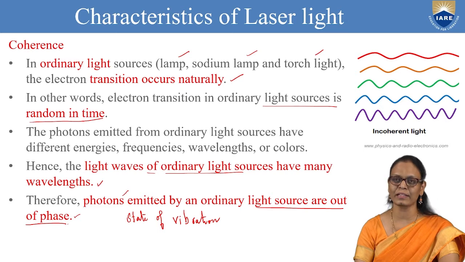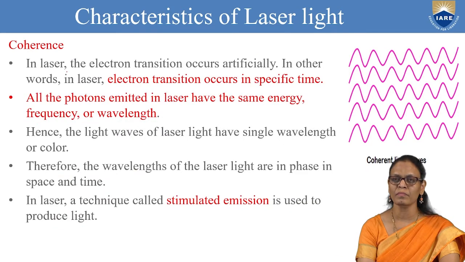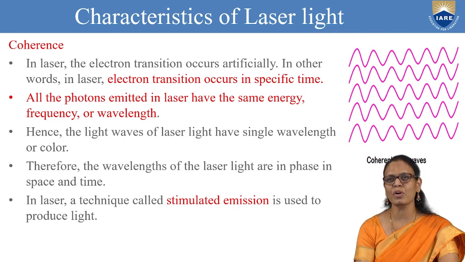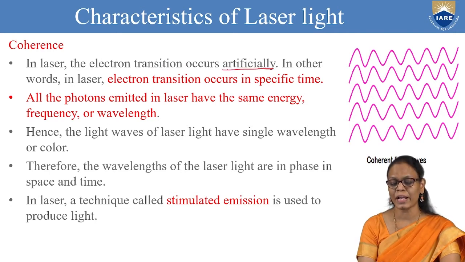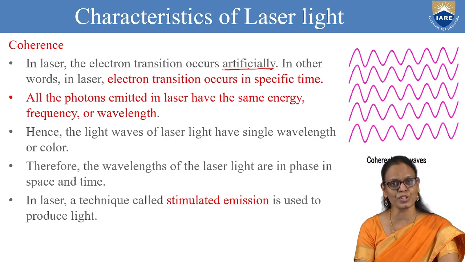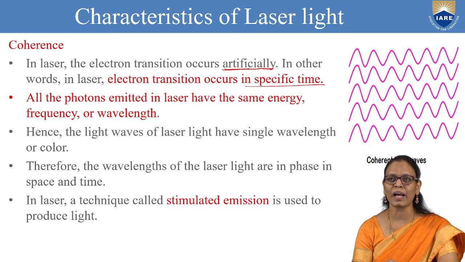But laser light is coherent. How are we going to understand this? In laser, the electron transition occurs artificially. In ordinary light, it is natural, but in laser, it occurs artificially. In other words, the electron transition occurs at a specific time. So everything happens at a specific time.